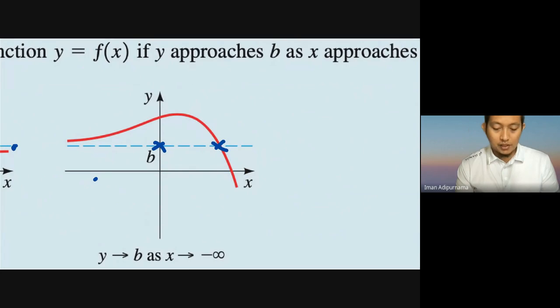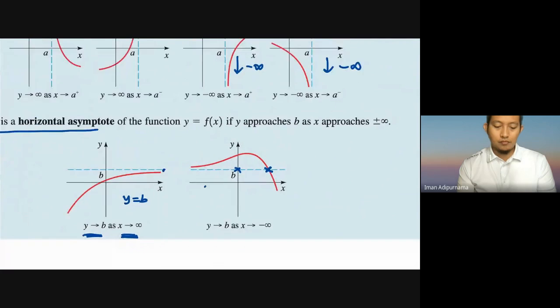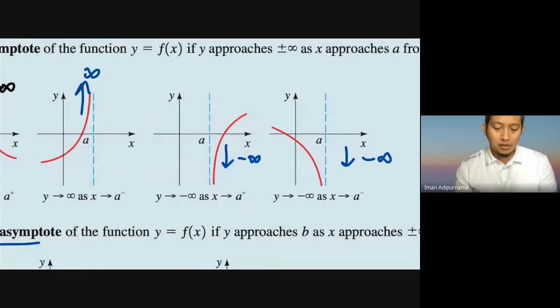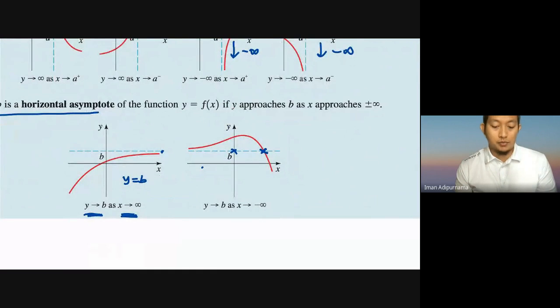It might happen that the graph is crossing the asymptote. That can happen too. But I believe it won't happen on a vertical asymptote. It might happen on a horizontal asymptote, or maybe the slant asymptote.